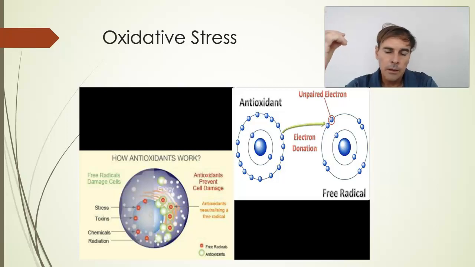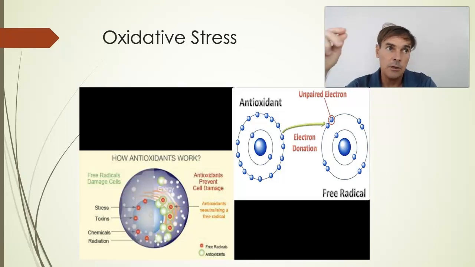So when an atom loses that electron, it will try to steal an electron from a neighboring atom or molecule to stabilize its own orbit. But that propagates this domino-like chain reaction, because now it has destabilized another molecule, and that one has the problem of being destabilized.